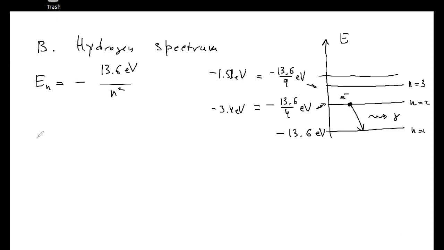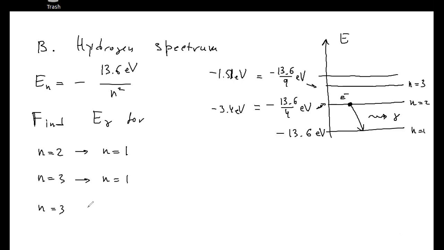So let's find the energy of these photons. Find E gamma for the n equal 2 to n equal 1 transition, from n equal 3 to n equal 1, and from n equal 3 to n equal 2.